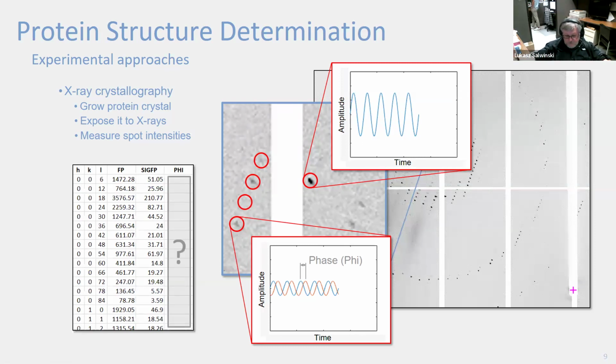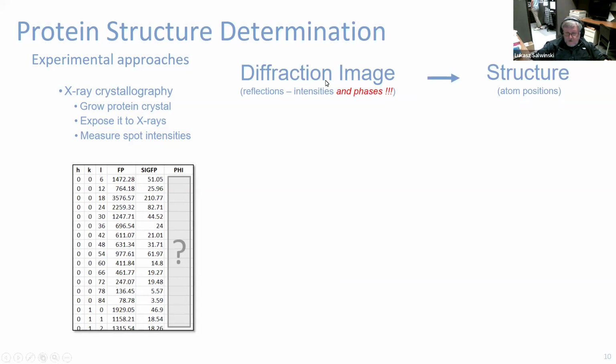Problem is, we don't have them, so we've got to somehow figure out what to use. Luckily, it turns out that if we've got the diffraction image and phases, assuming we've got them, we can get to the structure. But it's also true that if we do have a structure, we can go back and retrieve both intensities and phases. If we know the structure, the reverse path is there.